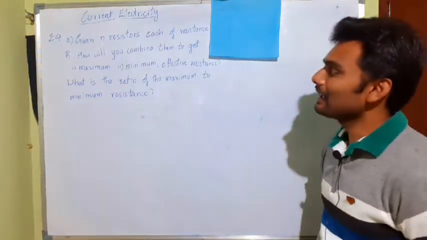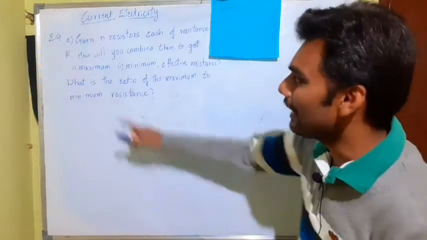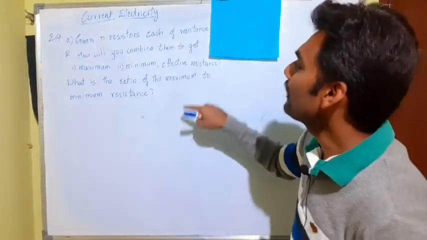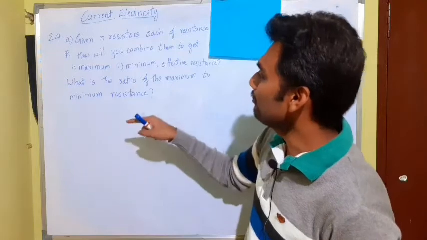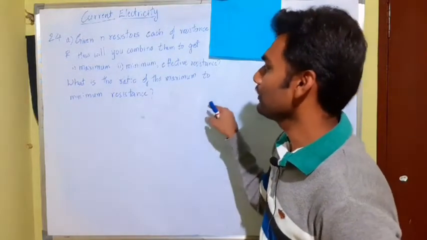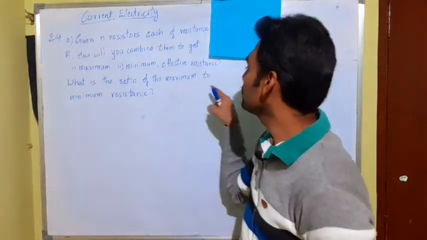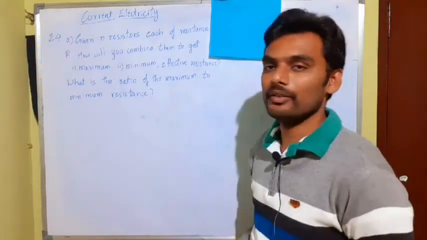Right, first part A, sub question A from the 24th question is as follows. Given n resistors, each of resistance R, how will you combine them to get maximum and minimum effective resistance? What is the ratio of the maximum to minimum resistance?